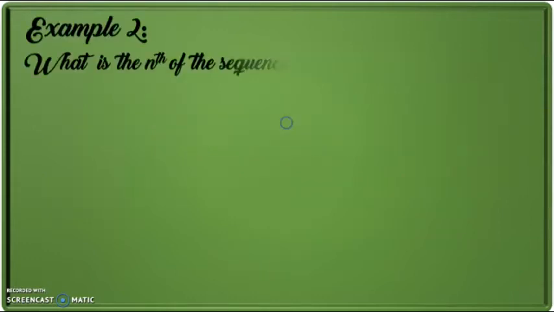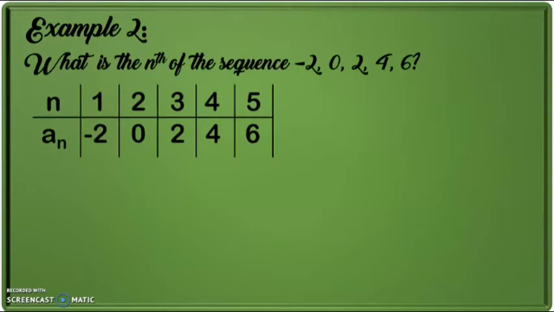Another example. What is the nth term of the sequence negative 2, 0, 2, 4, 6? So, as I have told you, the values of n will be the integers 1, 2, 3, 4, 5, and so on.